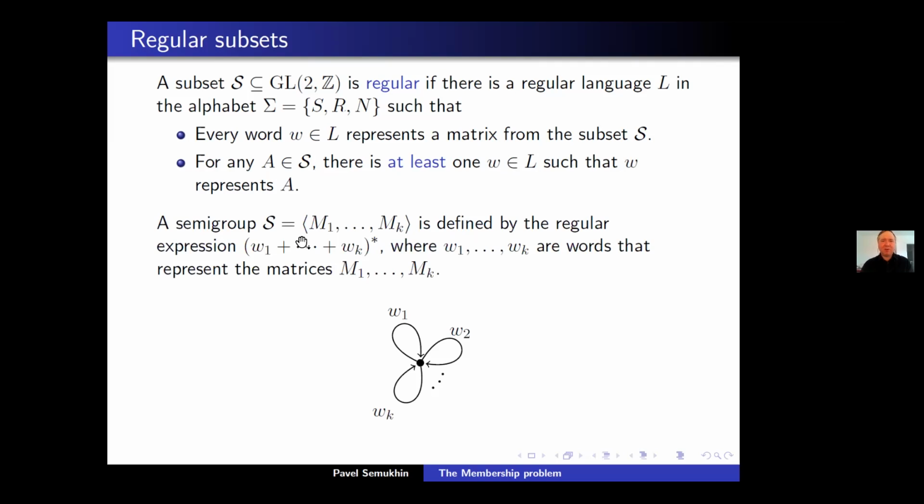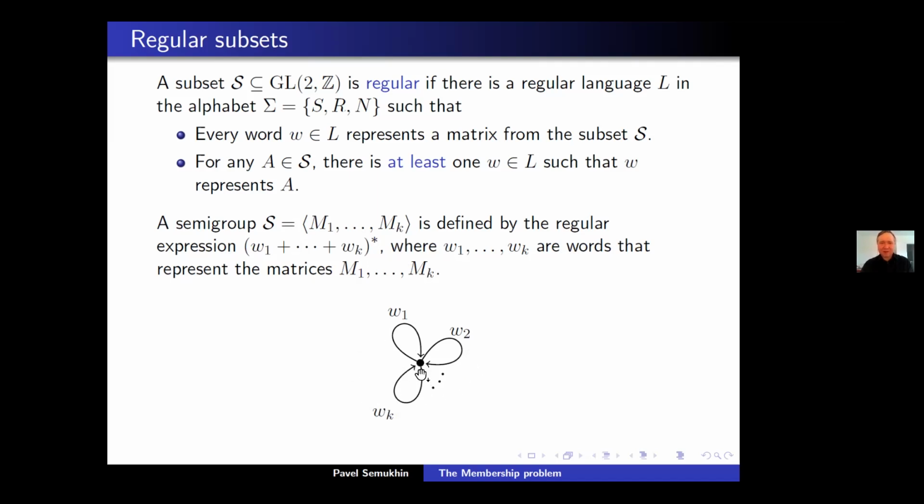It may be easier to understand this definition by the following example. For example, a semigroup is an example of a regular subset. Because if we have a semigroup S, which is generated by matrices M1 to Mk, then we can take words W1, ..., Wk which represent these matrices, and then consider a regular language defined by the regular expression (W1 + ... + Wk) star, or equivalently by this automaton here.